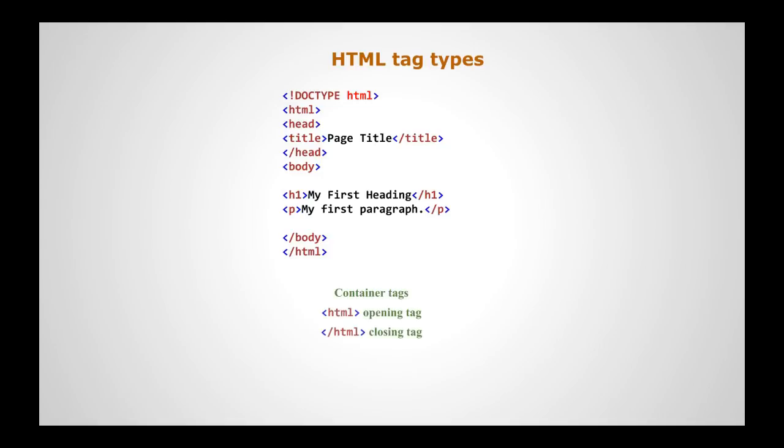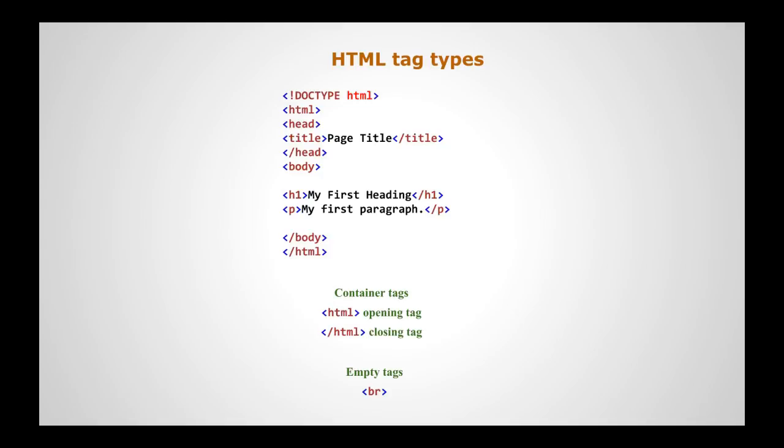We have container tags, and container tags contain opening and closing tags, as you can see from this example. The second type of tags are empty tags. And an empty tag is a tag that doesn't have a closing tag, such as the line break tag and the horizontal line tag. So these are your two types of tags: container tags and empty tags.